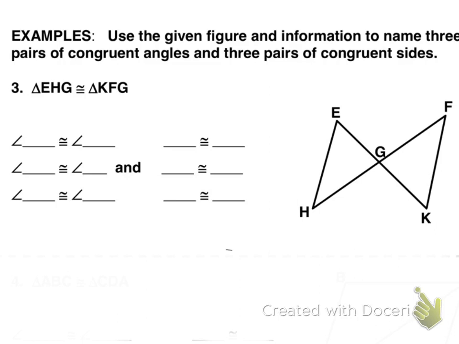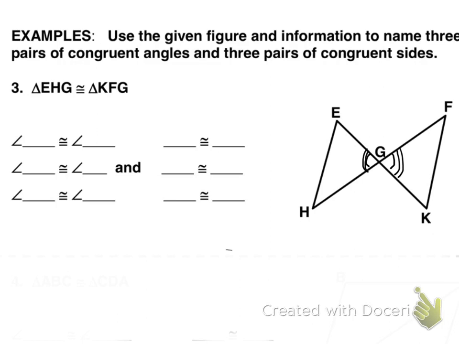So we know, first of all, that we have these vertical angles that would be congruent.